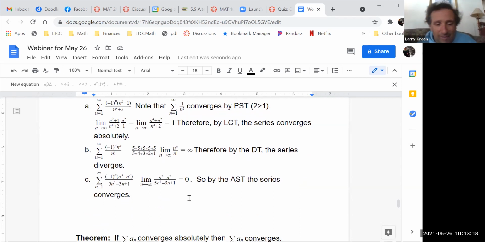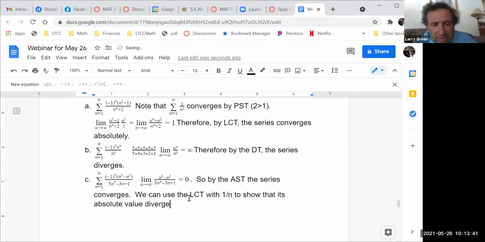I don't have time, but we can use the limit comparison test with 1 over n to show that its absolute value diverges, because it's going to look like the harmonic series. Therefore, the series converges conditionally.